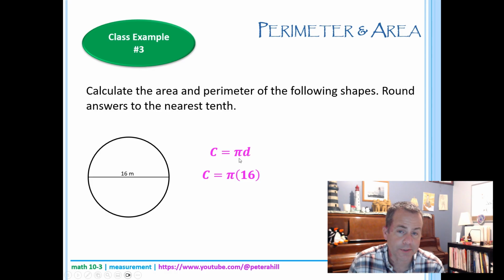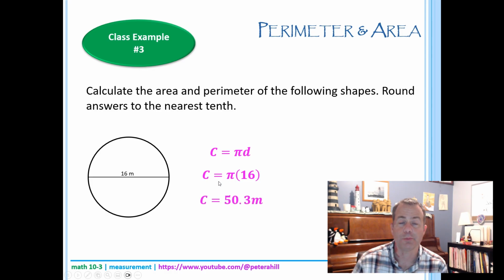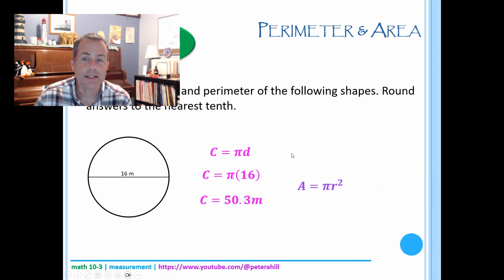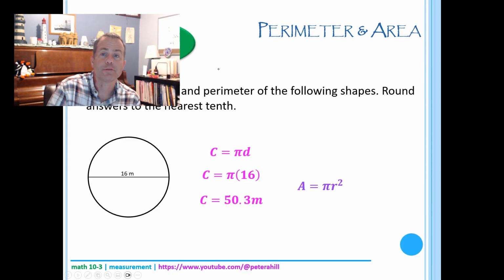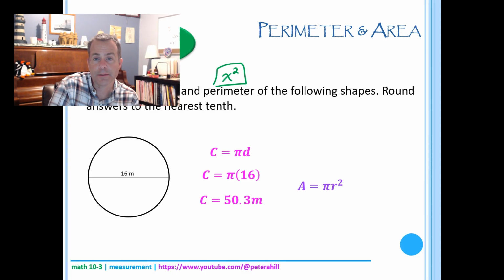So we're going to start with the circumference. I chose to do pi d, so pi times 16. And when you put that in your calculator and round to one decimal place, you should get 50.3 meters. Then the area is pi times r squared. Now you should have a squared button on your calculator. For many of you, it will look like this as a button.